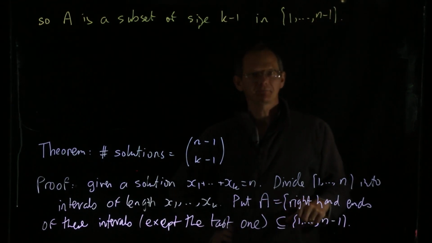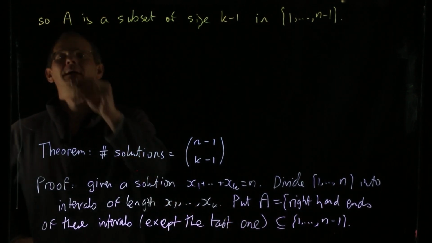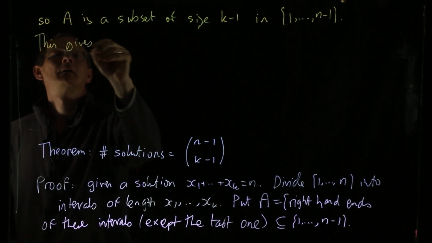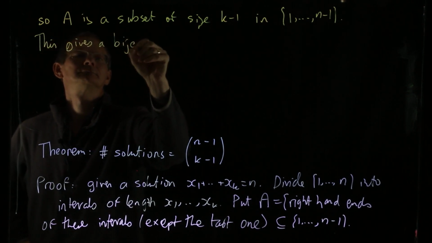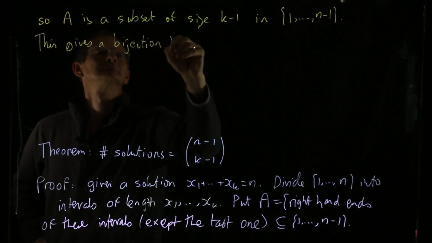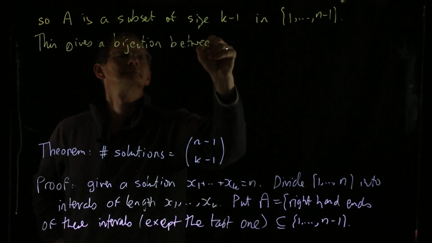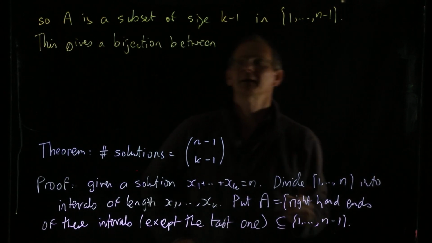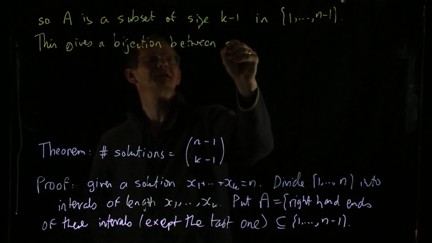For every solution we get such a subset. So this construction is giving us a bijection between these solutions and subsets of this relevant kind.